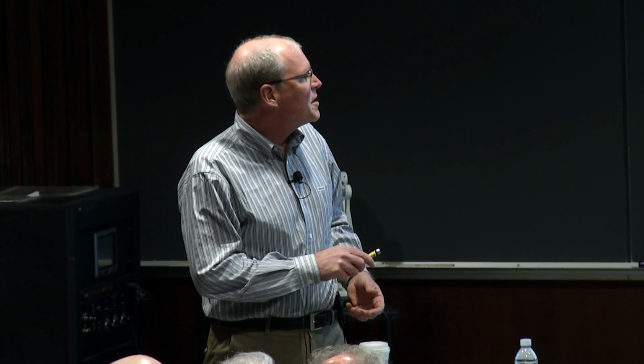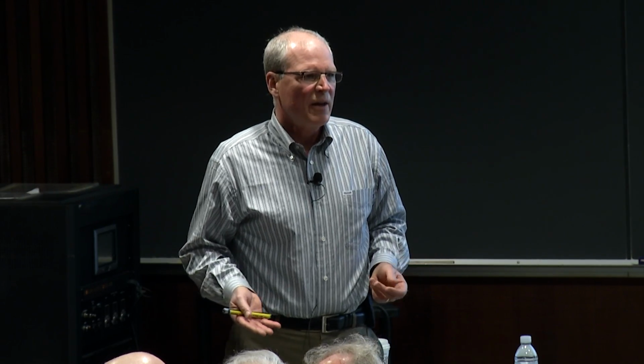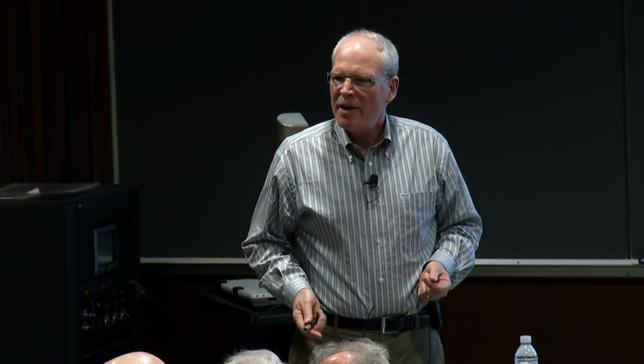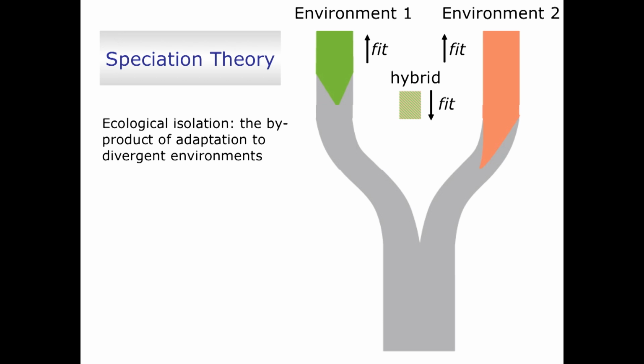These are not yet species, but the prediction is that should they hybridize, fitness goes down in those hybrids. And there are two components to that fitness decrease that we can quantify in yeast that are not so easy to quantify in any other kind of experimental system. So the first reason for the decrease in fitness is ecological isolation. And that's simply because the hybrids are an intermediate genotype that are no longer optimally tuned to the respective environments, and so fitness goes down.